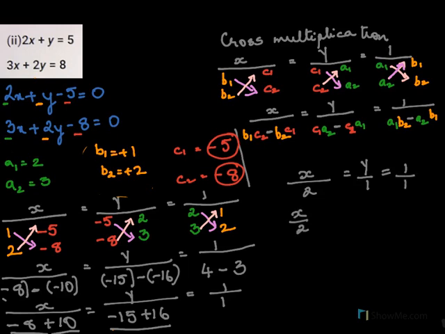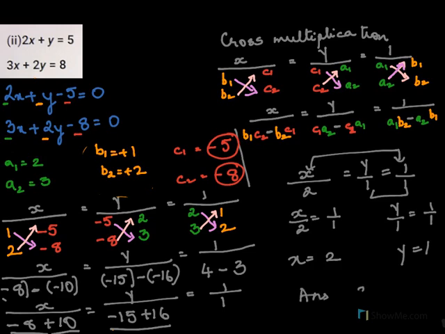Now here I will do x over 2, taking this and this together. So x over 2 equal to 1 over 1, so x equal to 2. In the next case, I'll take these two together. Y over 1 equal to 1 over 1, so y equal to 1. So that's my answer: x equal to 2, y equal to 1.